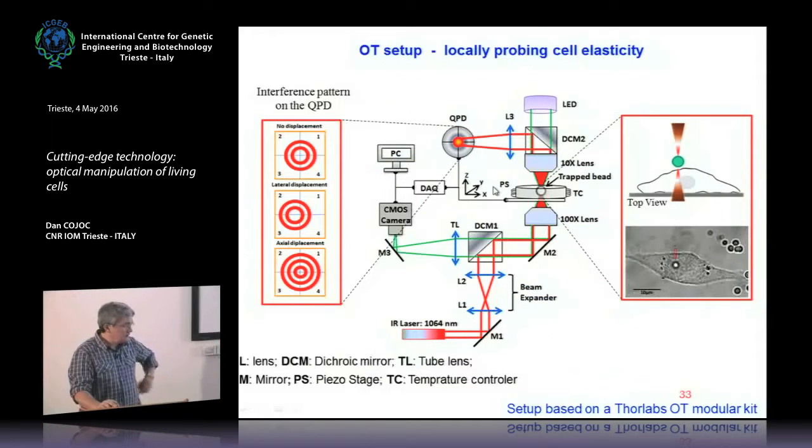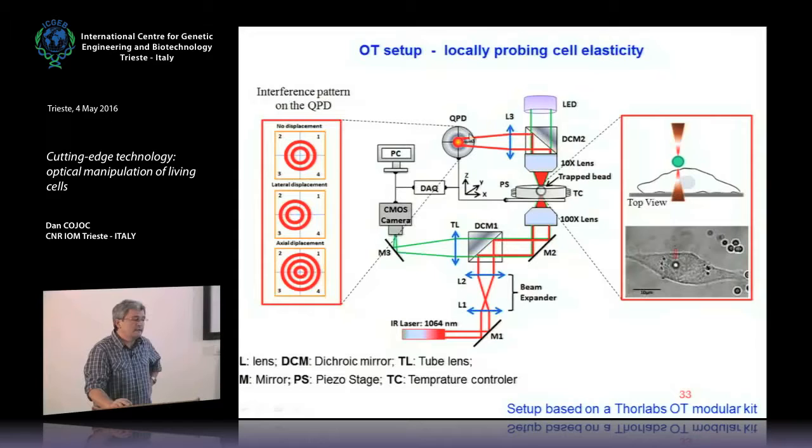So I do not enter into too much detail with the setup. It is quite simple. This is a microscope. This is a sample. We need a nano piezo to position the sample and to calibrate. We have the infrared laser beam, and we have the optical path of imaging. And in addition, we need something to detect the displacement of the bead with nanometer precision.